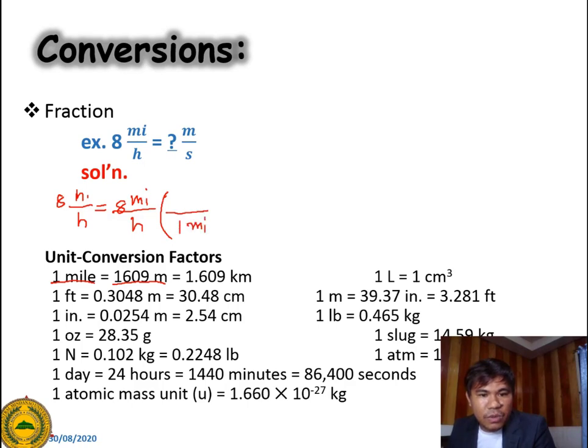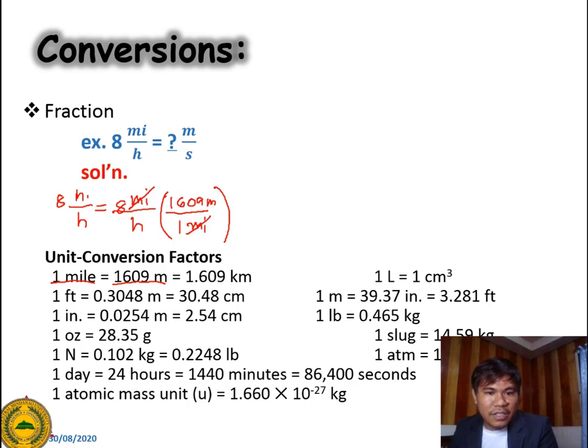It's actually equal to 1,609 meters. So from that, I can actually cancel out the miles at the numerator here, and then denominator on the conversion factor. Now we are left with converting hours into seconds.